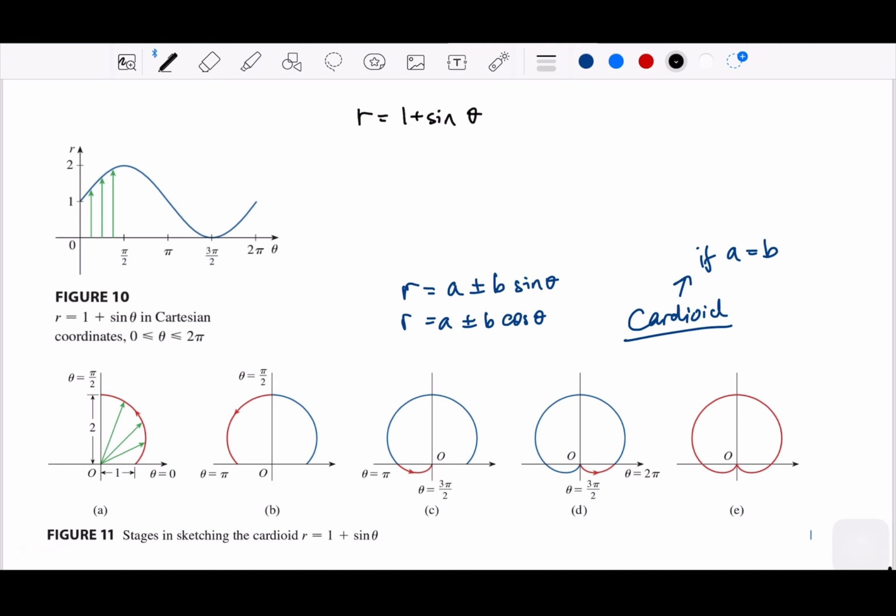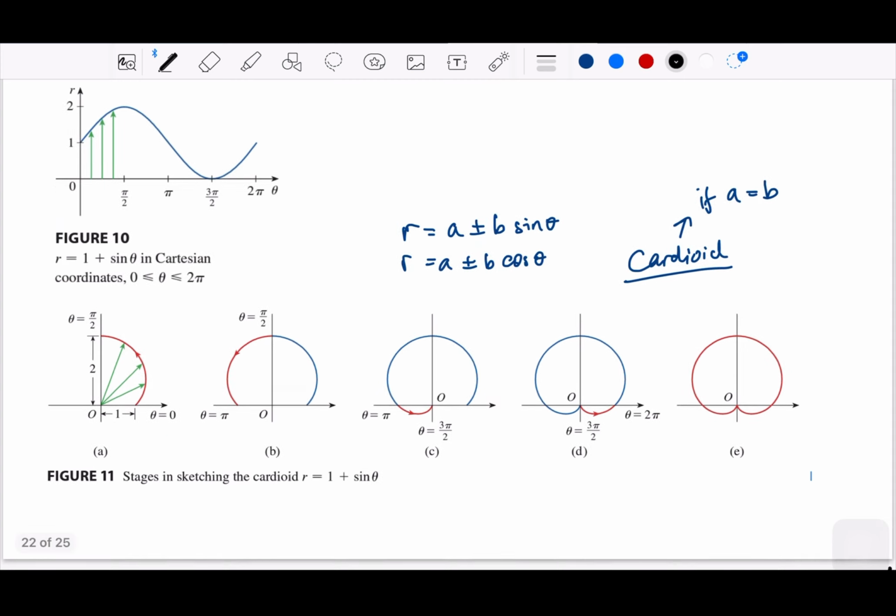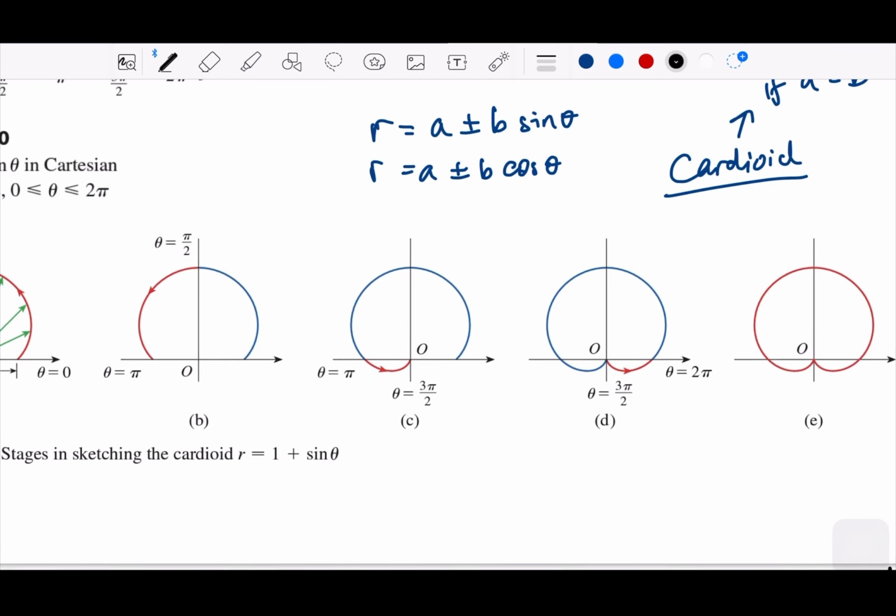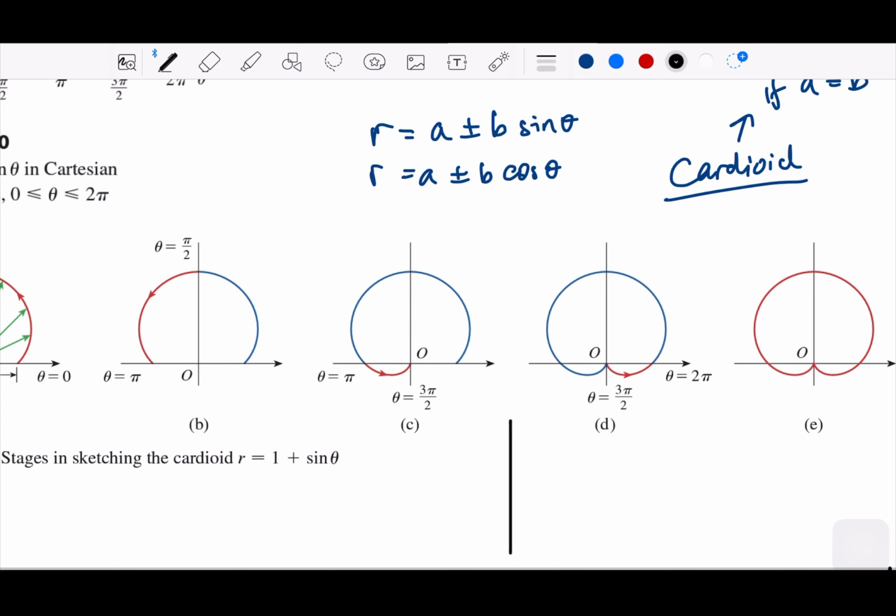Whenever you have a negative part of it, for example this one, we have 1 plus sine. If we want to make it 1 minus sine, then the curve will be that curve. 1 minus sine.